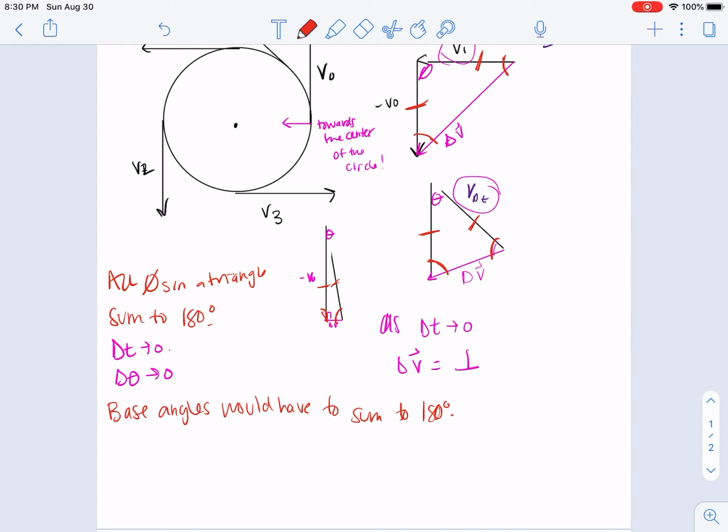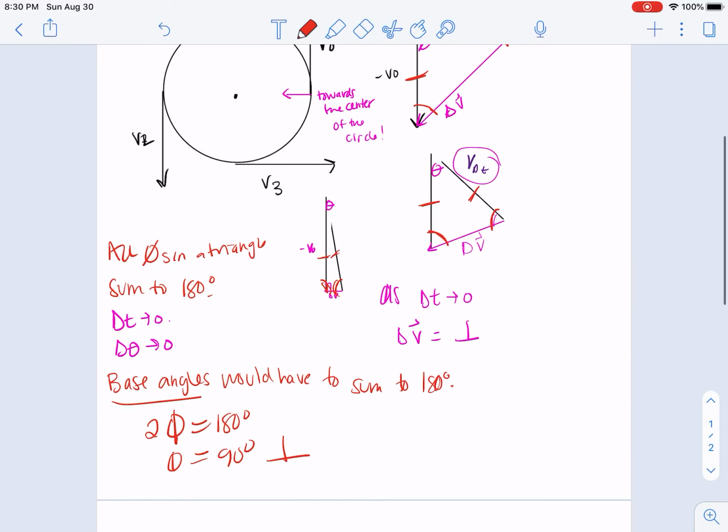In order to do that, because they are congruent, we saw that, you would say 2, let's just call them 5 for now, would have to equal 180. So 5 would have to equal 90 degrees, which once again is that perpendicular relationship.